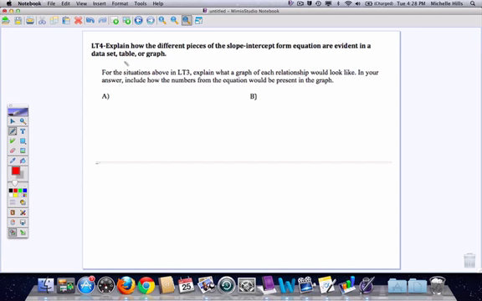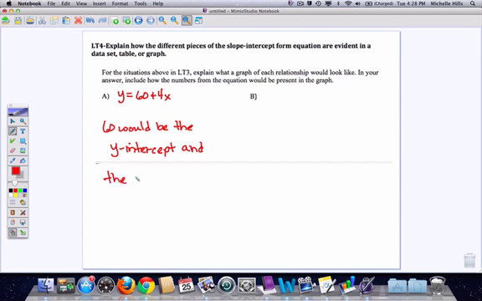Now I'm going to skip ahead to this because it's going back to that same problem. We just did y equals 60 plus 4x, so I'm going to rewrite it here. And it said, what would the graph look like? So if I graphed this equation, where would the 60 and where would the 4 show up in the graph? So 60 would be the y-intercept, and the line would rise because of this plus.